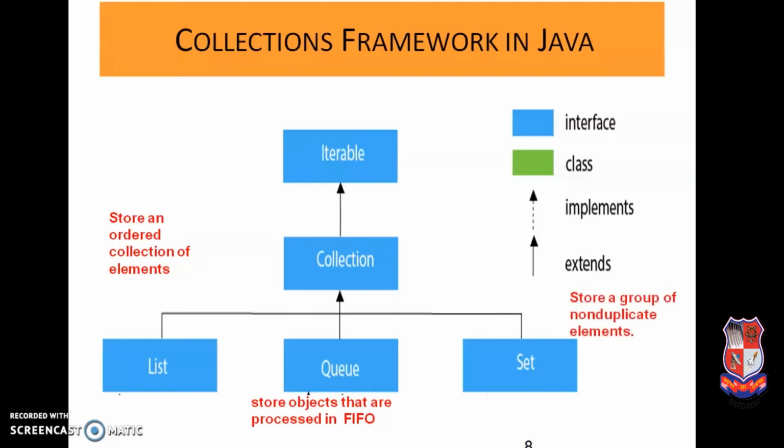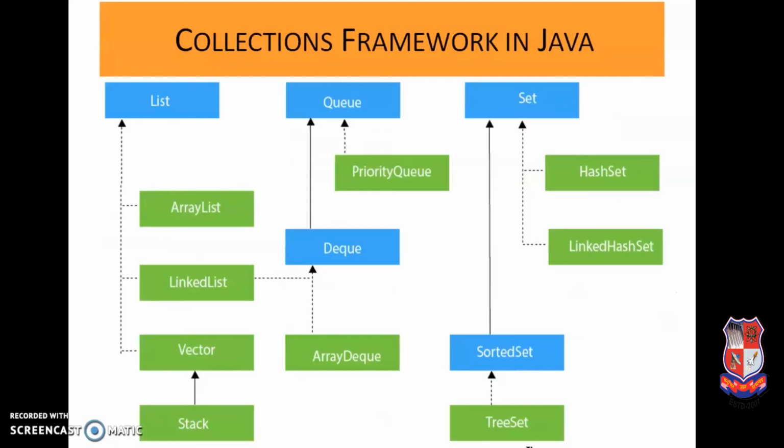Set stores a group of non-duplicate elements. One thing is very important about set: it will not allow duplicate elements. So these three interfaces list, queue, and set are extending collection. These three interfaces will be realized by concrete classes, which we will look at in the next slide. So first we'll take list.